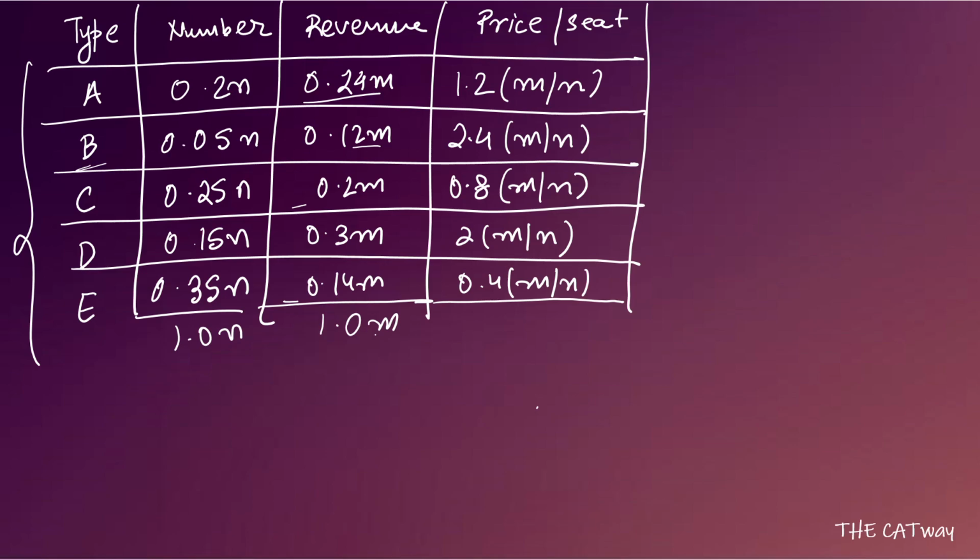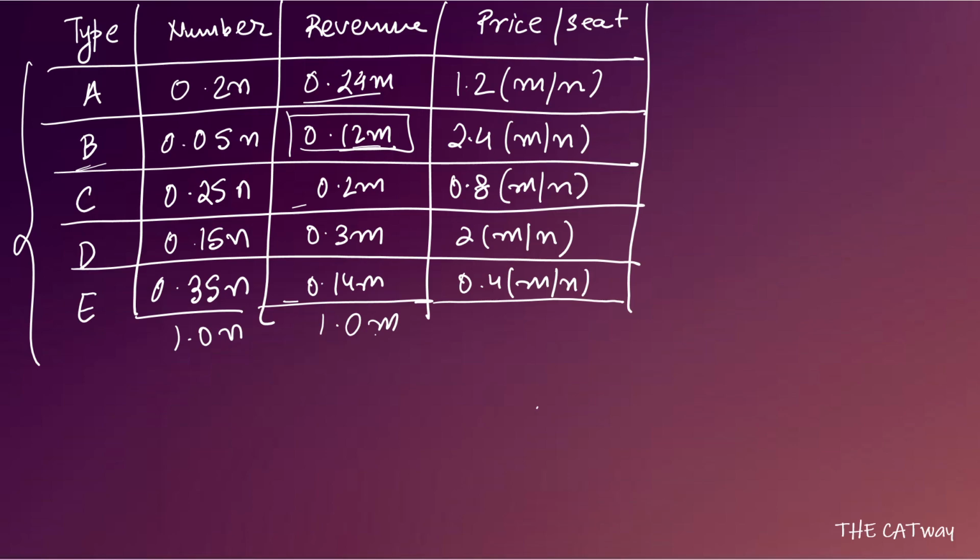So in this case, we do not need to calculate it for everyone. We just need to see anything above the revenue of B. B cannot generate that much revenue. But each and every type of seat can generate a revenue equal to 0.12m because their topmost limit is more than that of B. So we take the revenue of B to be the lowest, and each type of seat generated that amount.